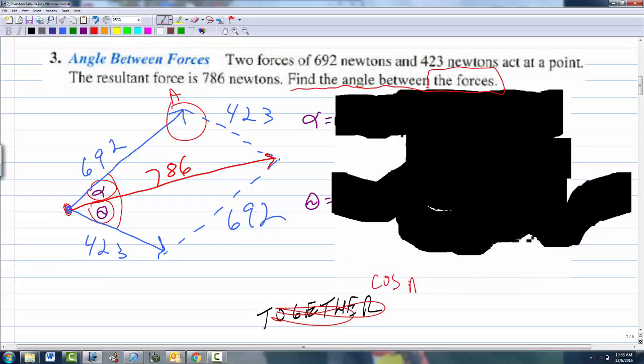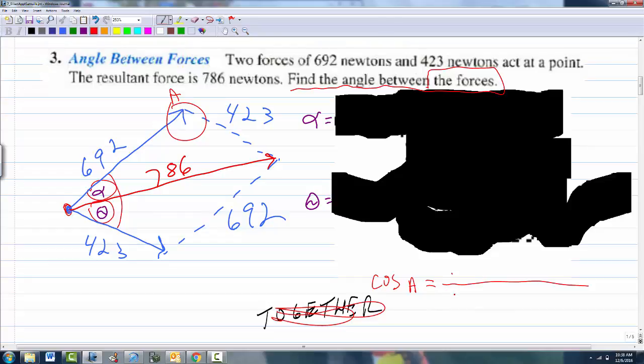Okay, cosine, hold on, don't say anything yet. Cosine of angle A equals, all right, 3, 2, 1, go. What goes up here? It's not 786, okay?